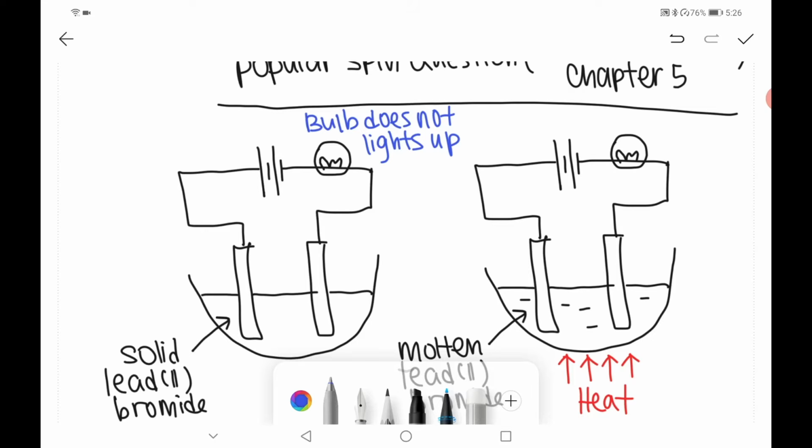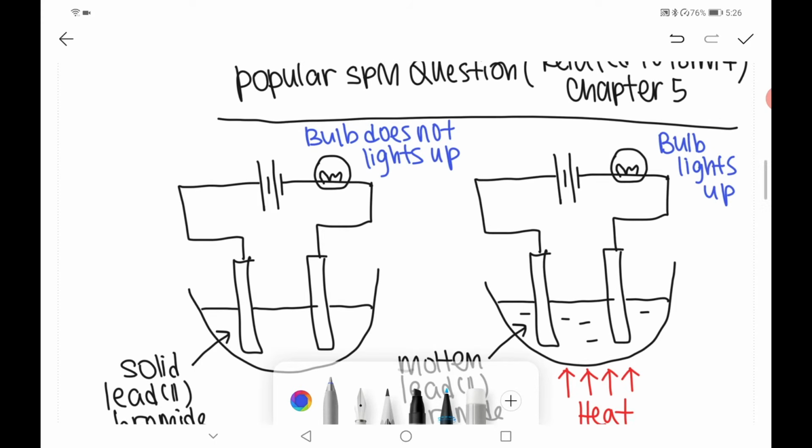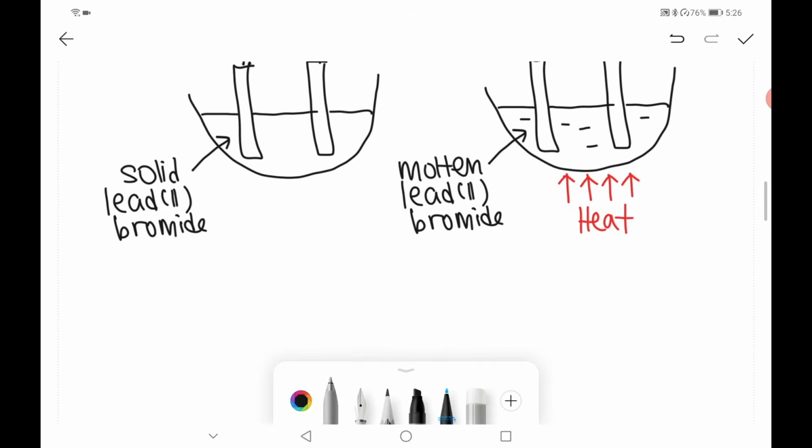Here when you use molten, you can see the bulb now lights up. I draw and show you the bulb lights up like this. This is a very common and popular question in SPM.